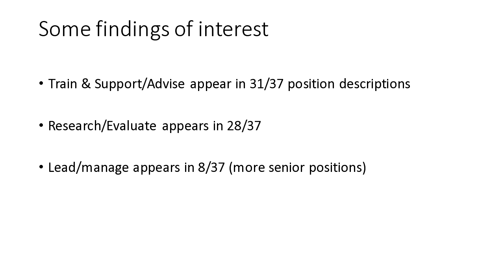Of the 37 positions, train and then support advise were really prominent. They appeared in 31 of the 37. So that's definitely seen as a very significant part of our role, across the board.